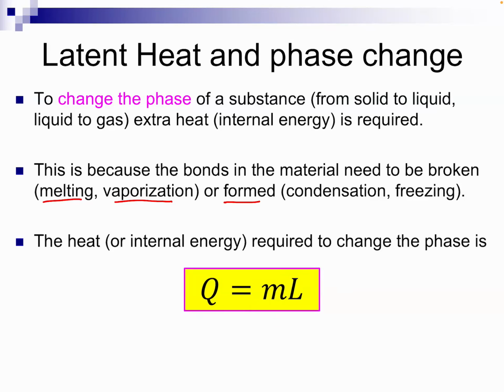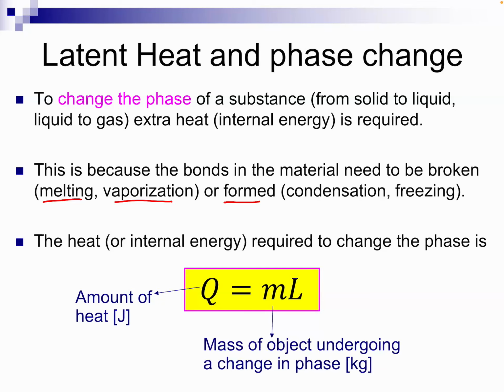And we will define each of these terms again. Q is once again the amount of heat measured in joules, the amount of heat that's either put into the object or taken away from the object. M, that's the mass of the object that's undergoing phase change. So if water is boiling, then it will be the mass of the water. We usually assume that the mass of the water will be equal to the mass of the resulting steam.